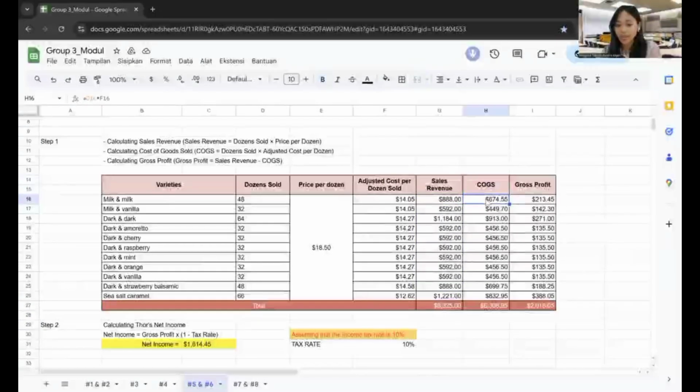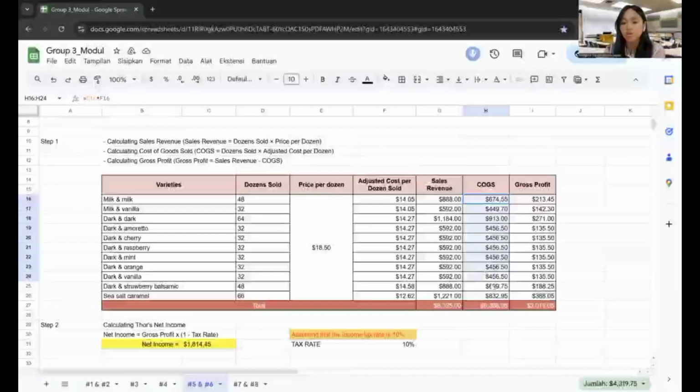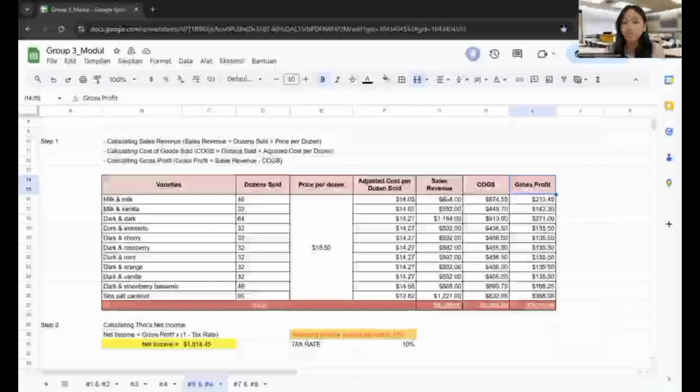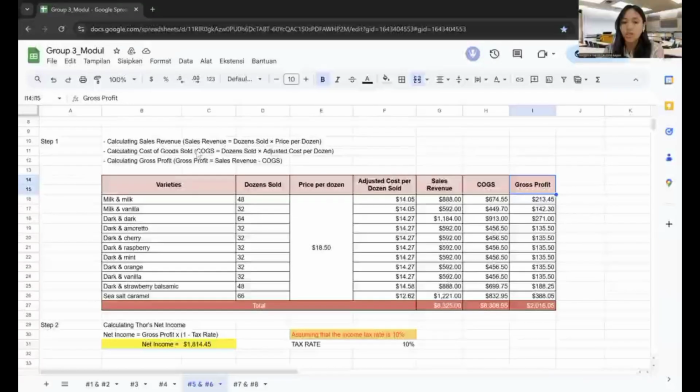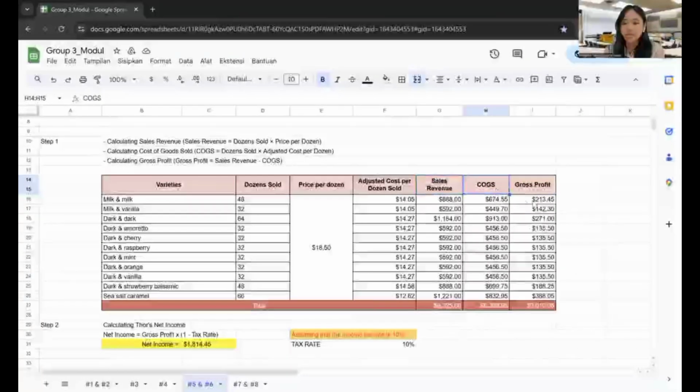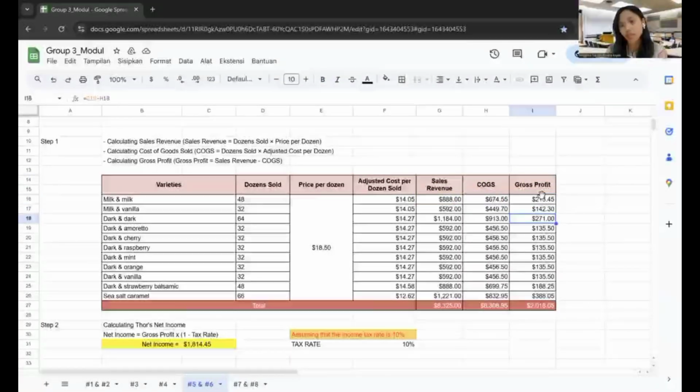Meanwhile, in the COGS, we use the dozen sold multiplied by the adjusted cost per dozen sold, and we get all of these results. Next, after we find the sales revenue and the cost of goods sold, we need to find the gross profit by sales revenue minus the COGS, and we will get the gross profit, and we get all of these results.